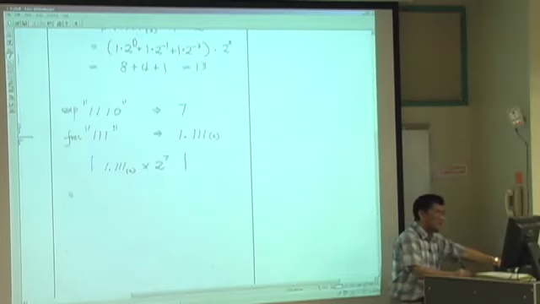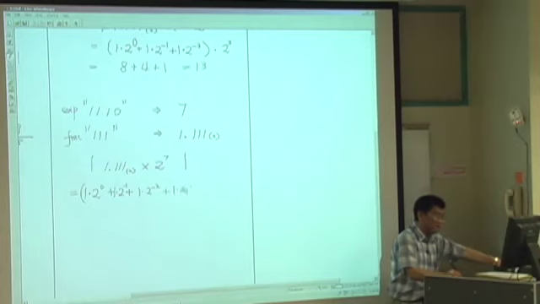Then this number can be rewritten as 2 to the power of 0 plus 1 times 2 to the power of negative 1, plus 1 times 2 to the power of negative 2, 1 times 2 to the power of negative 3, and then 2 to the power of 7.